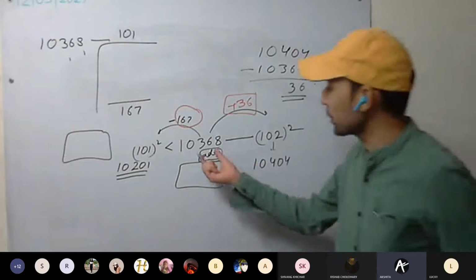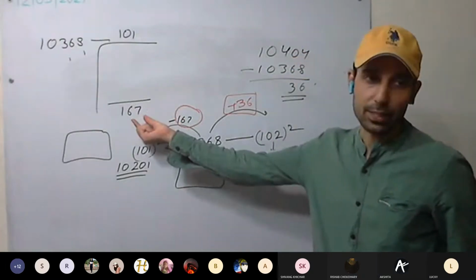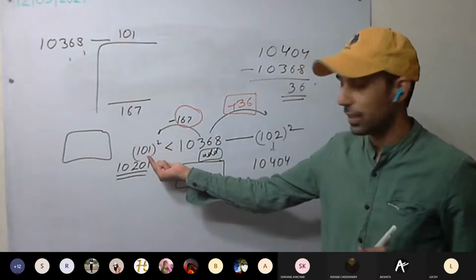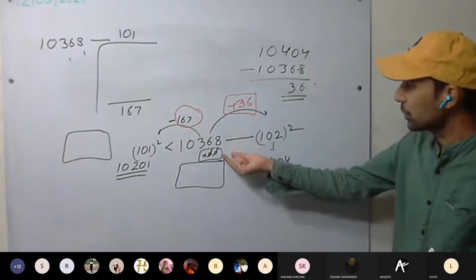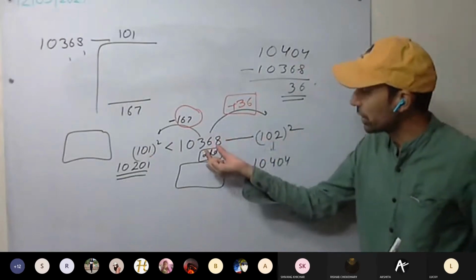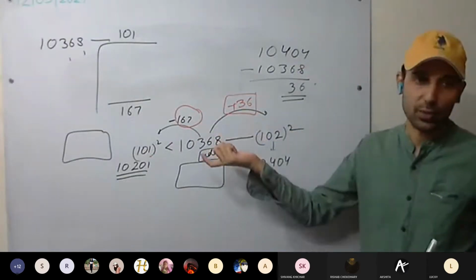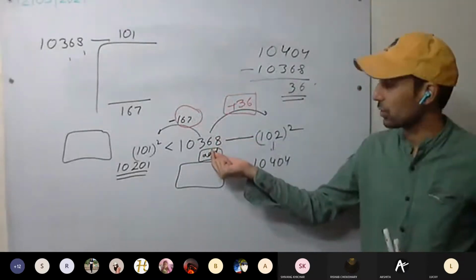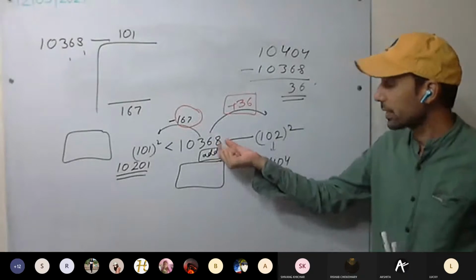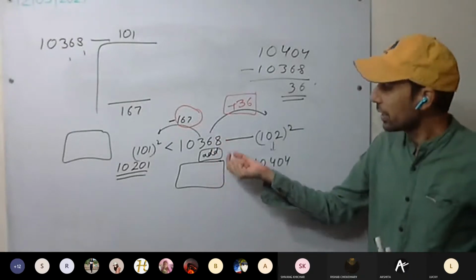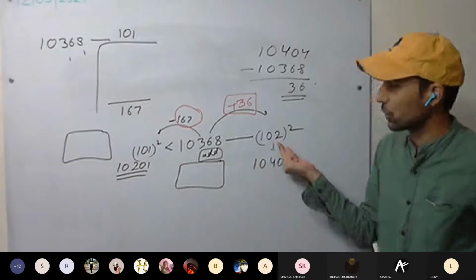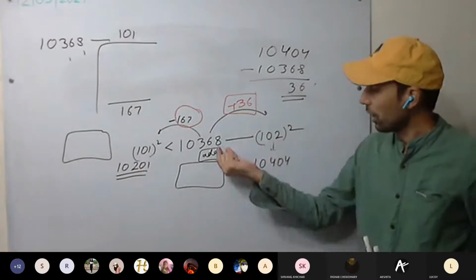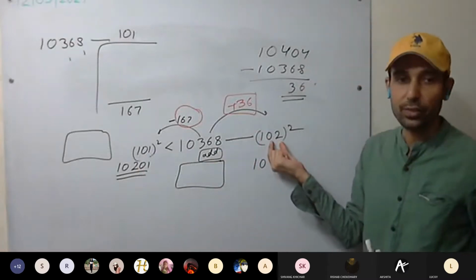So what must be subtracted? The remainder must be subtracted. That's very easy, and the result will be the perfect square of 101. What must be added? We must add something so that the result becomes a perfect square. After adding, it must be the perfect square of 102, since the next after 101 is 102.